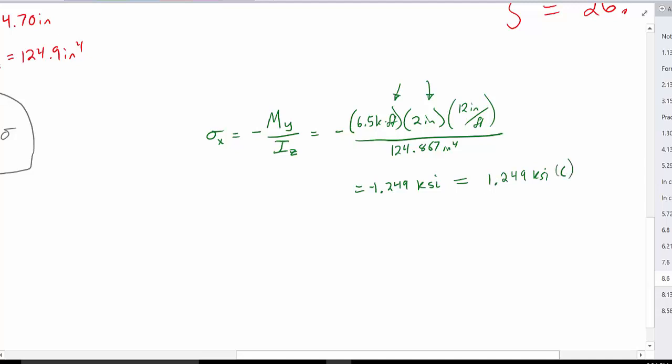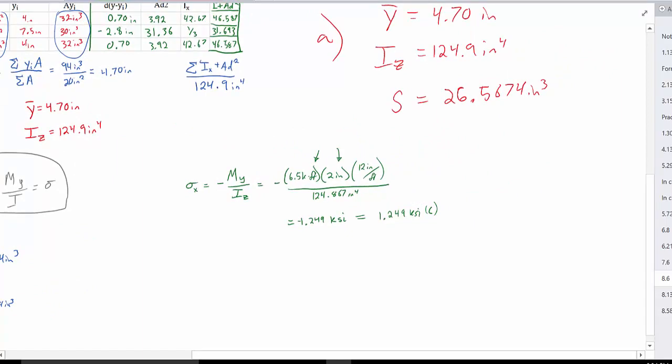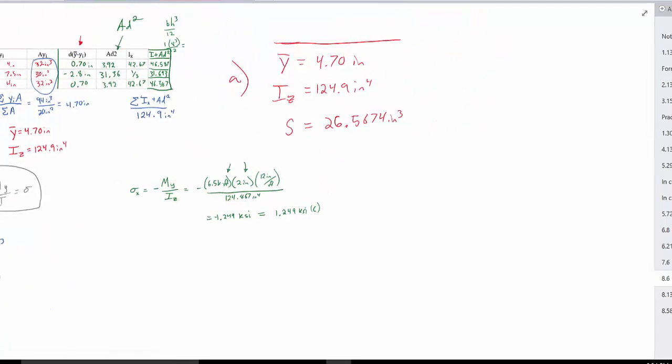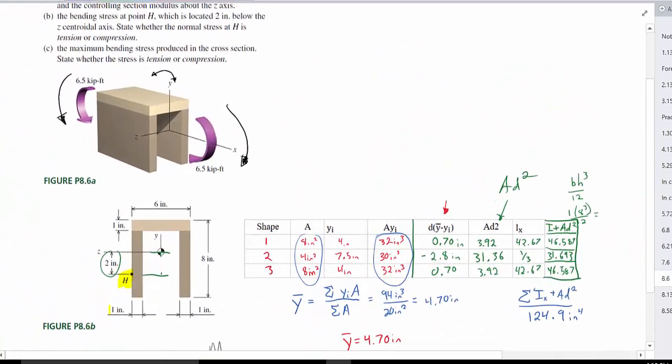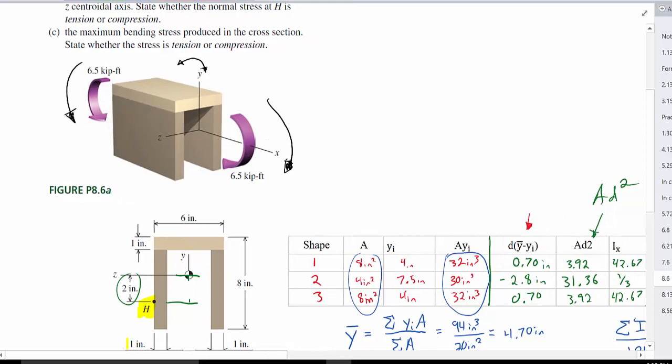Okay, so we'll go back to our solutions here. For part B, stress at H equals 1.249 KSI in compression. Okay, so part C, right? Part C says the maximum bending stress produced in the cross section.